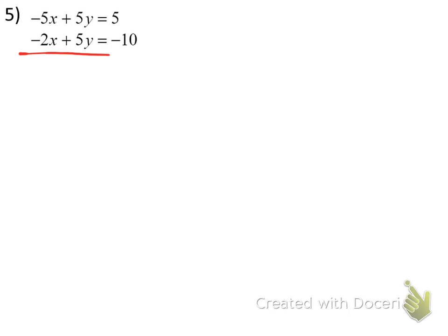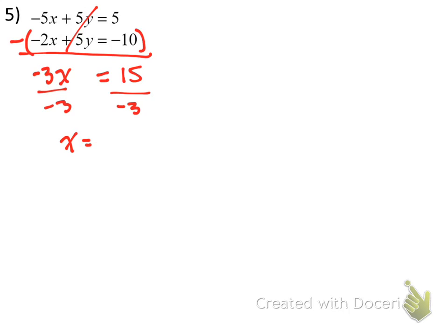Okay, on this one, you should put the parentheses around, then you should be subtracting the second equation from the first. So it's going to be negative 3x. The y's cancel out, which is equal to 15. Divide both sides by negative 3. x is equal to negative 5.